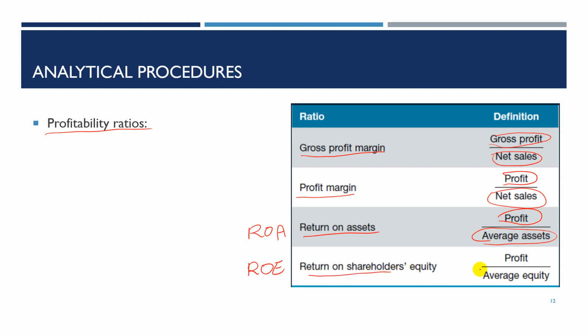ROE is equal to profit divided by average equity, and this indicates the ability of a company to generate income from the funds invested by its ordinary or common shareholders. If both ROA and ROE are falling, it will affect the ability of the company to pay dividends to shareholders and interest and repay loans, which are also dependent on the client's ability to generate cash.